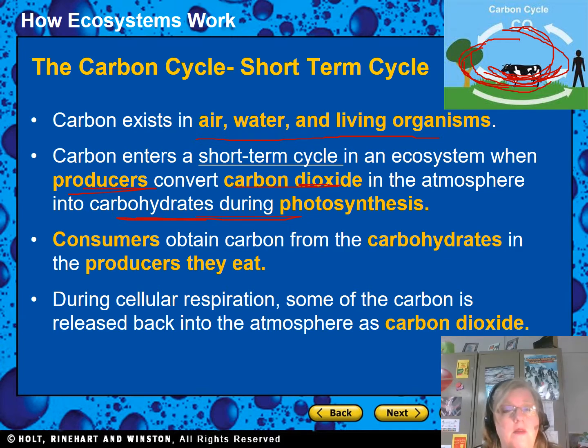So the plants take in carbon dioxide, and then they attach that non-living, abiotic carbon onto their glucose molecule, which is an organic, biotic material. So consumers can obtain carbon from the carbohydrates in the producers that they eat. And then during cellular respiration, the carbon dioxide is released back into the atmosphere as we breathe out.